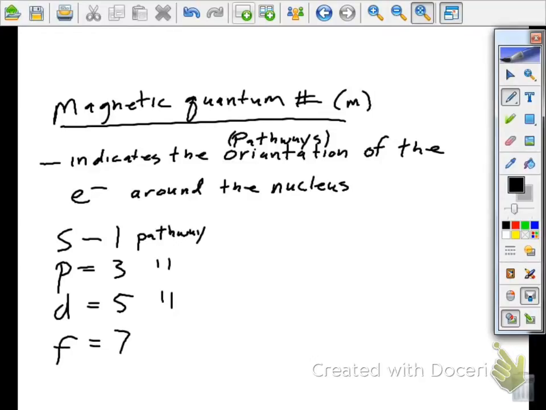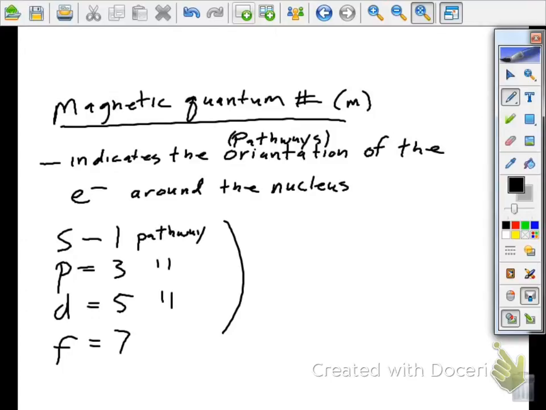And if we have a G, which we don't, because theoretically if we get to where we build more and more atoms, theoretically it would keep going, and the G would have what? 9. Right? So it's odd numbers. Okay? Last thing I'm going to give you is that within a pathway that we can have, if we do use this formula, we can get the pathways.